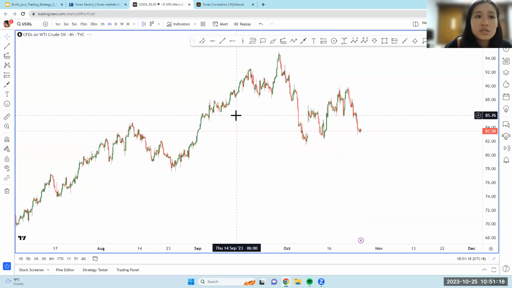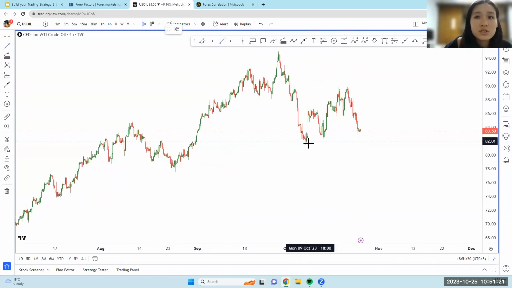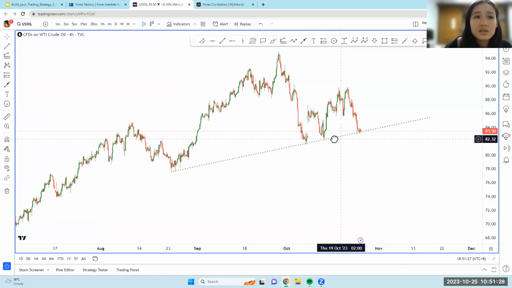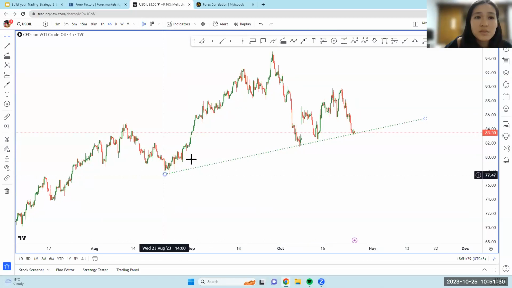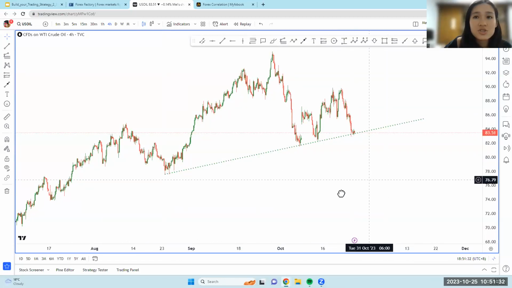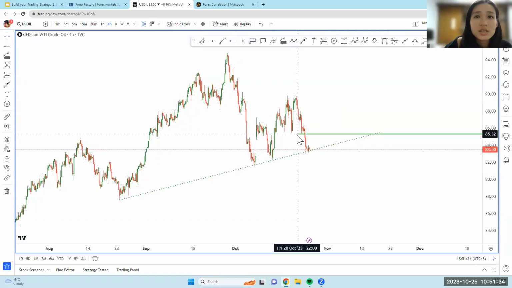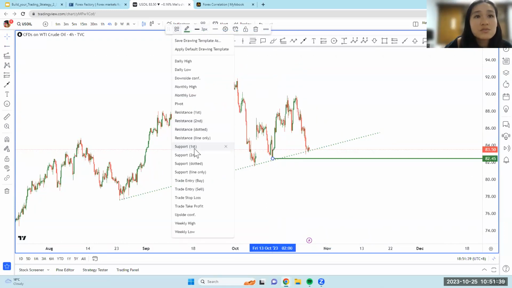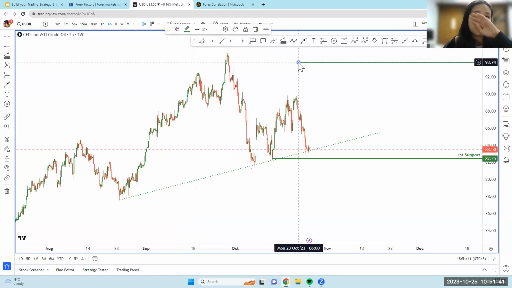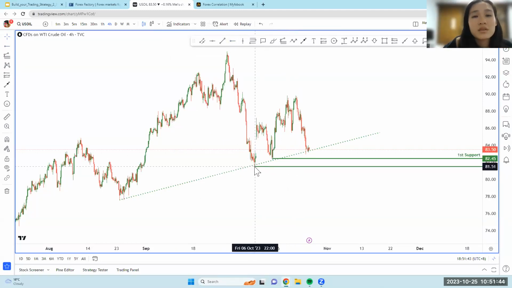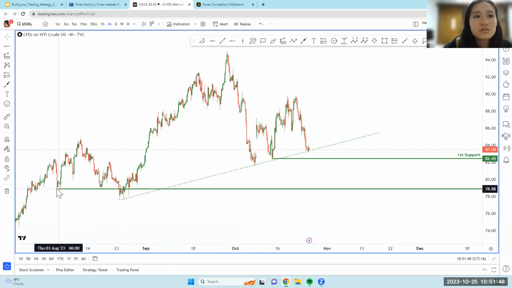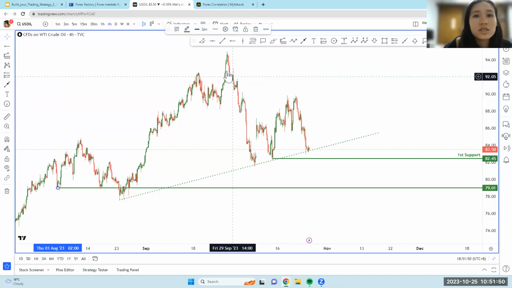Let's see if we have any trend lines. We do, we have this ascending trend line, but it's currently testing this trend line, so we'll take a look at that in a bit. This is my first support, and my second support.